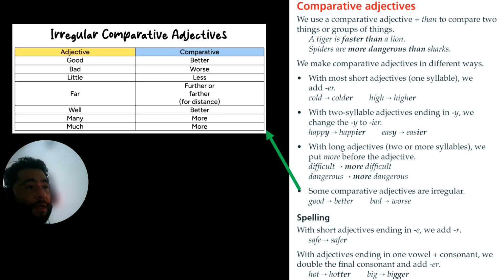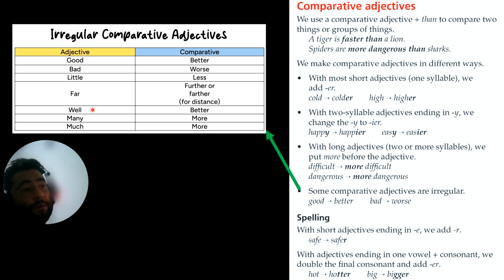So in this case, we have some other comparatives that we can include in the irregular category. For example, we have good that becomes better, bad, worse, but also we have little that becomes less, far that becomes further or farther. In this case, they are the same, but further would be American, farther is British.